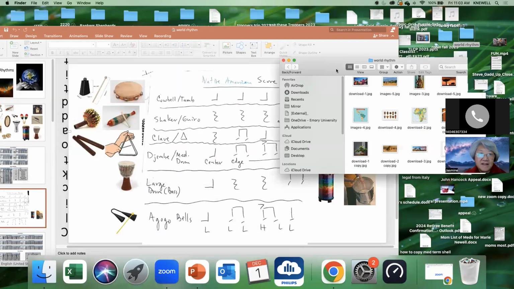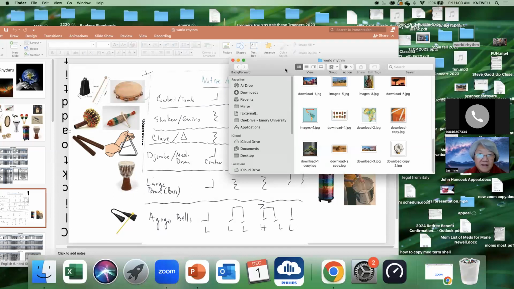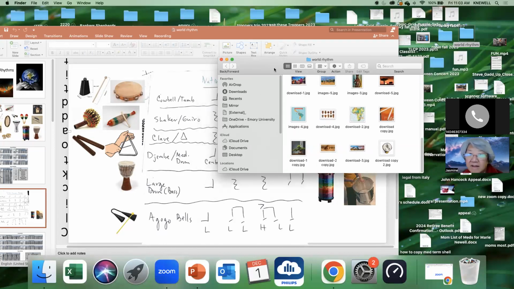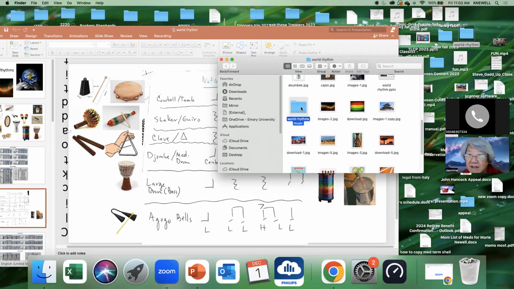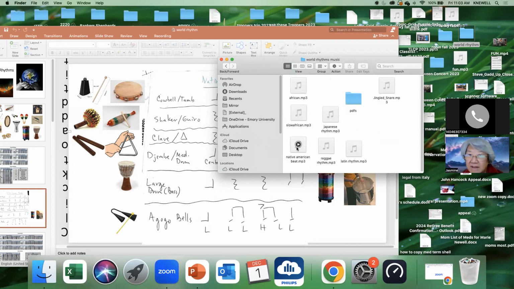I'm going to start with playing the cowbell part along with this. Okay, so in a moment here, let me find my cowbell. I've got instruments everywhere. Hopefully you can see me also on the screen.